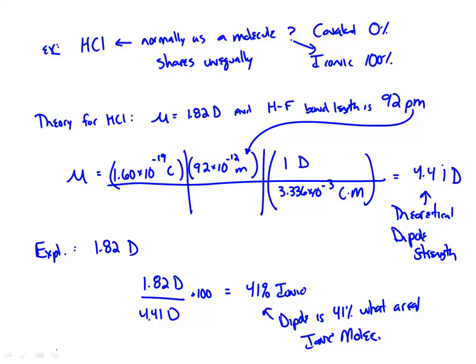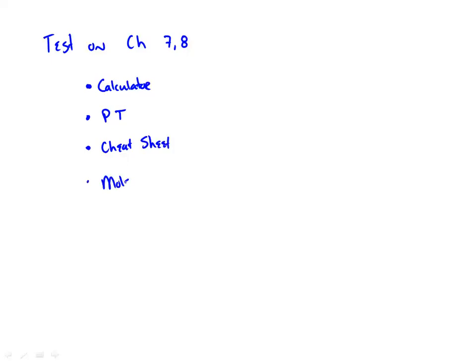Okay, some notes for tomorrow. We have a test on chapters 7 and 8. Things you will get are a calculator, your periodic table, your cheat sheet, your molecular model kits, and appendixes.